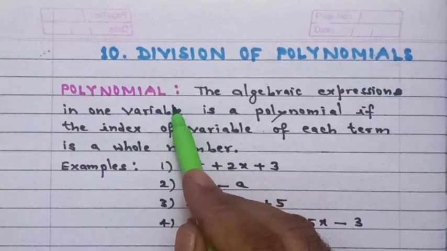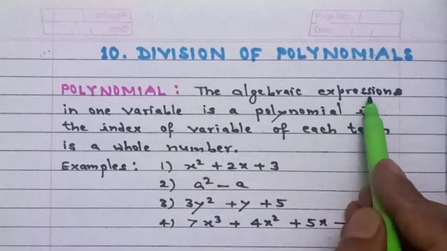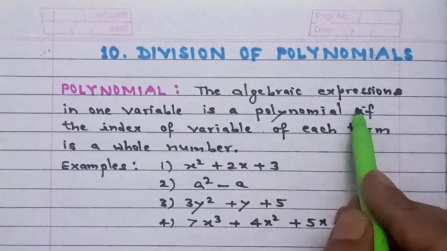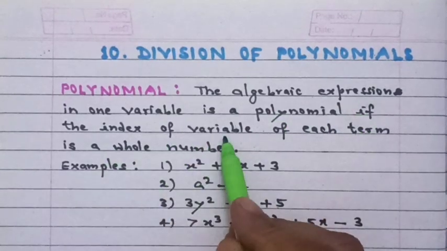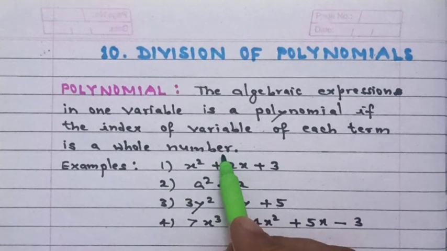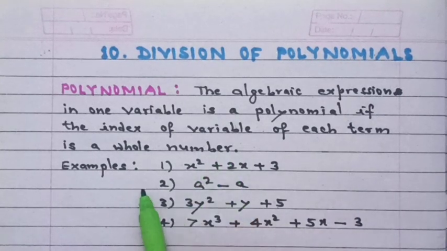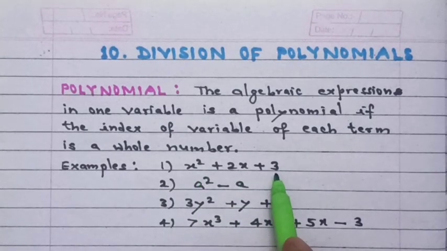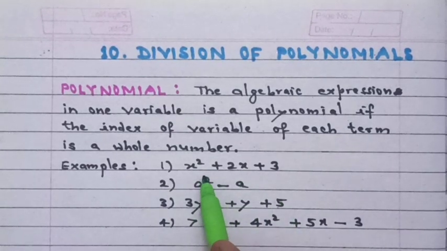A polynomial is an algebraic expression in one variable if the index of the variable in each term is a whole number. If you see the examples, x square plus 2x plus 3, here the variable is x.